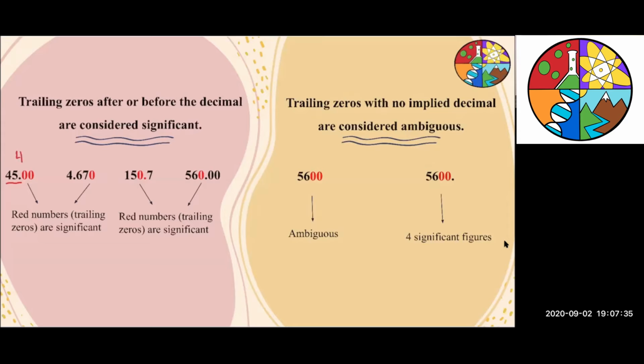So this would be 4 sig figs. The 0 after 4.67 would also be counted, so this is also 4. The ones between, like earlier we said they're interior, so this would be counted, so this is also 4. And this would be 3.